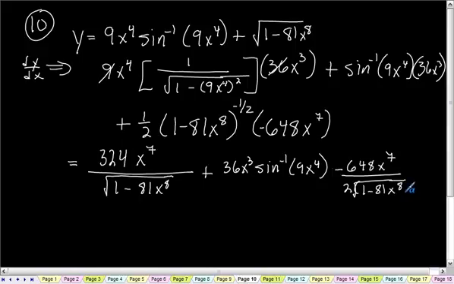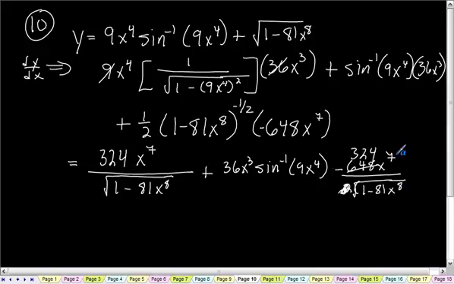Yeah, this 648 could be simplified to 324. But notice what happens to the 324x to the 7th over radical 1 minus 81x to the 8th, minus 324x to the 7th over radical 1 minus 81x to the 8th.